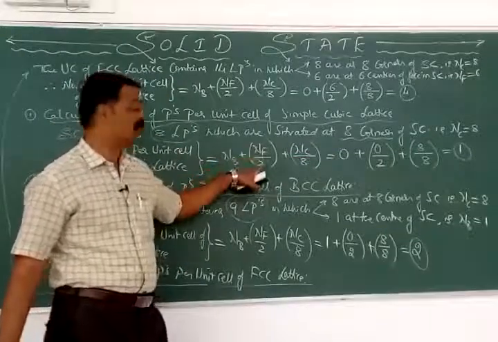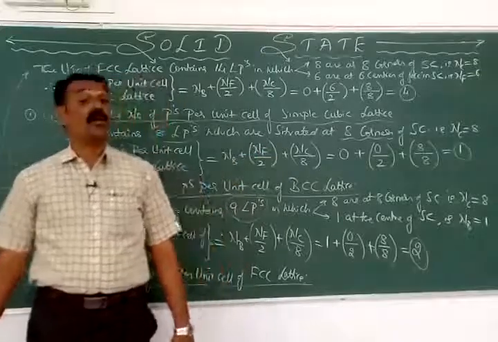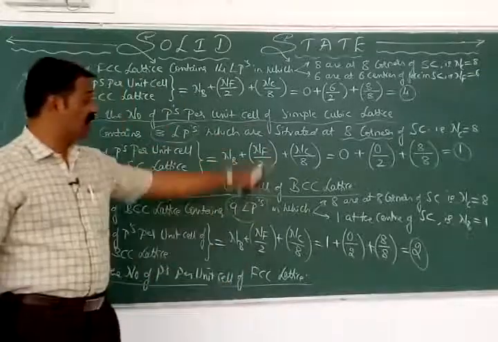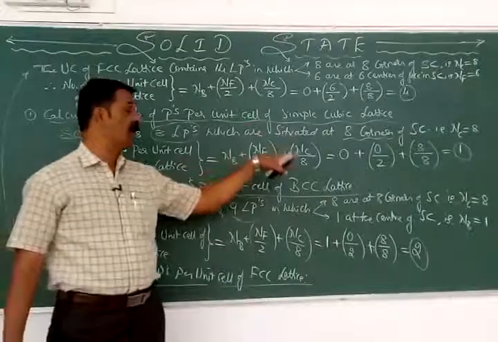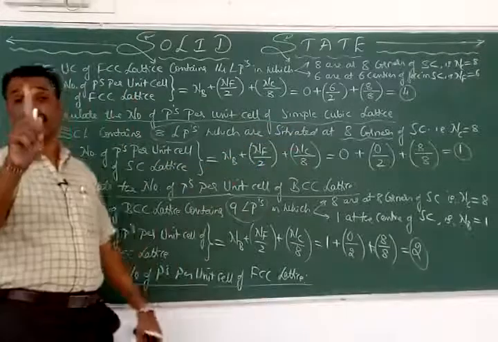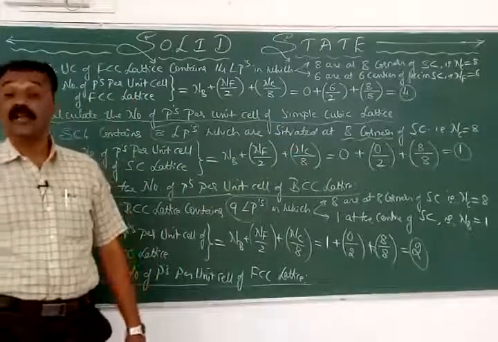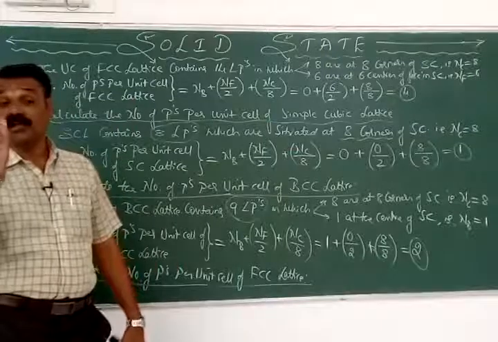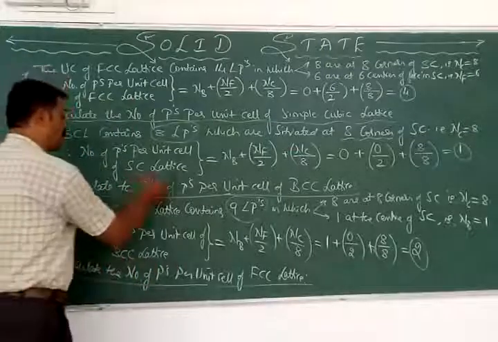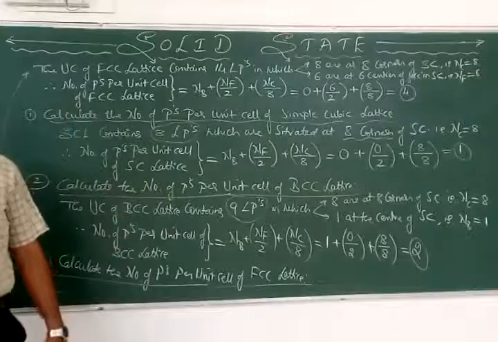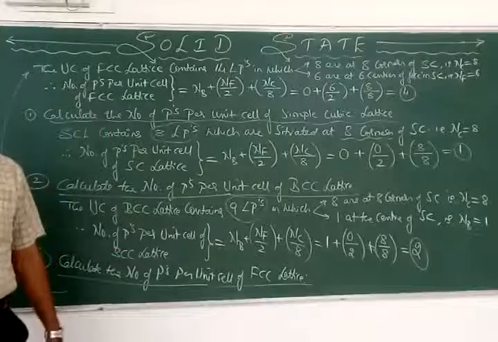Therefore, it is 0 plus 0 by 2 plus NC, which is 8, so 8 by 8. On simplification, we get only 1. That 1 is the number of particles present per unit cell of the simple cubic lattice.